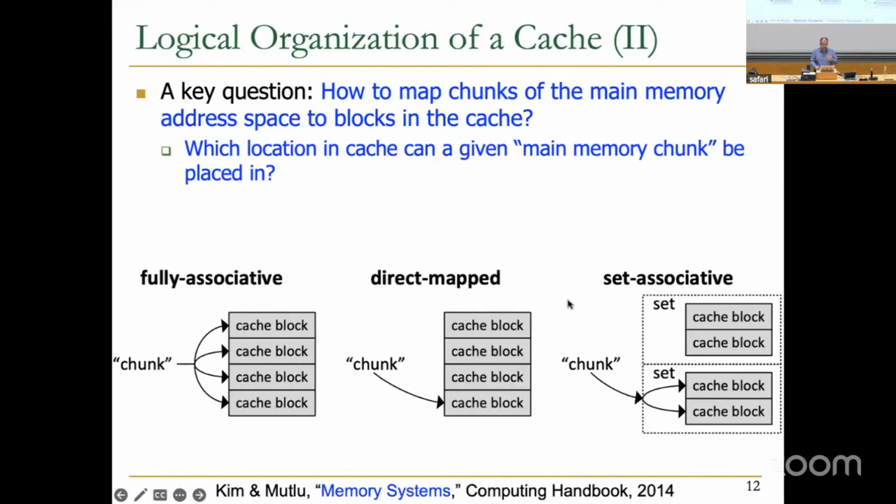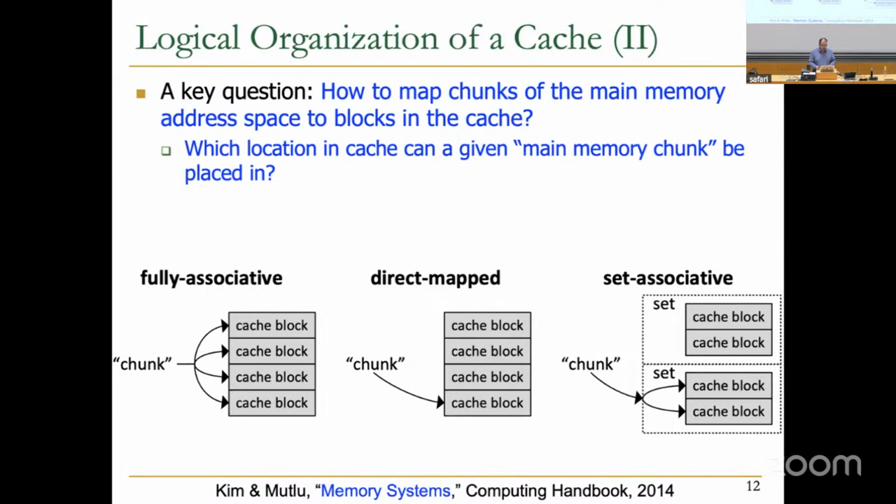And the answer to this question brings us to three major ways of implementing a cache, and I will start with fully associative here. In fully associative, you can map each chunk, no matter its address, to any cache block that you have in your cache.